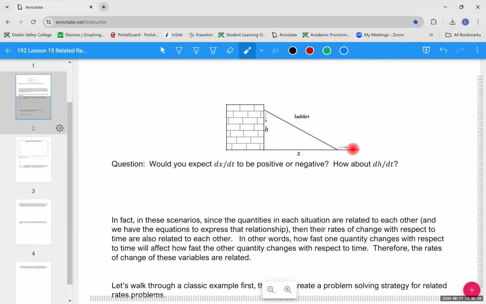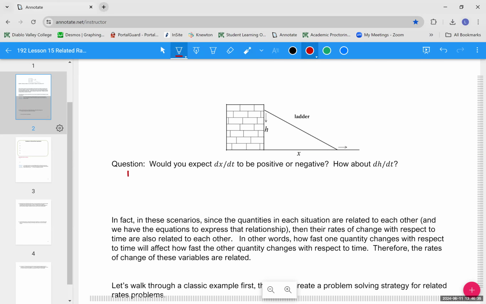And if this base starts sliding this way, we can see a couple things. The top of this ladder is going to come down, so this side of this triangle, H, is going to decrease. What about this side of this triangle? As this goes this way, the X will increase. It'll get bigger.